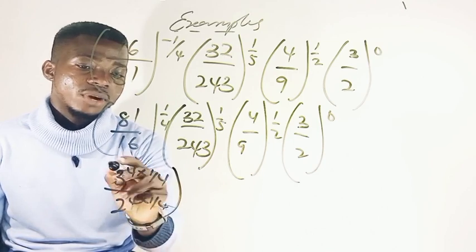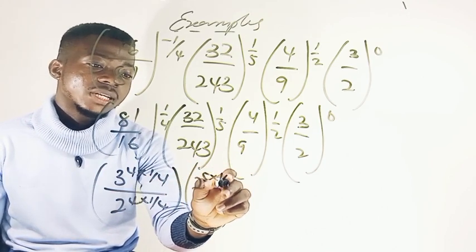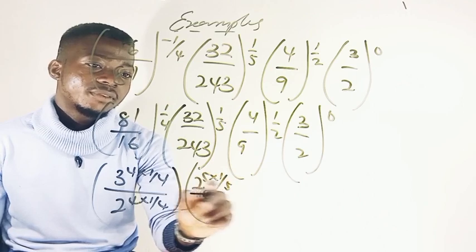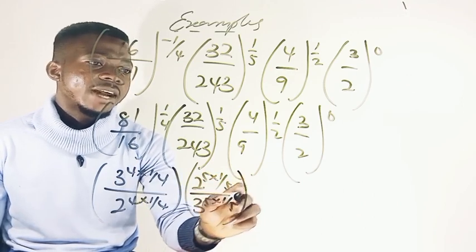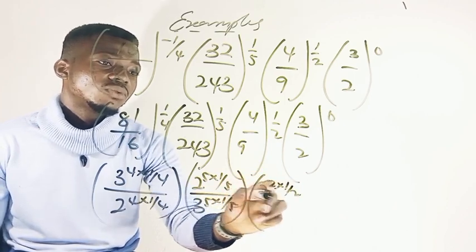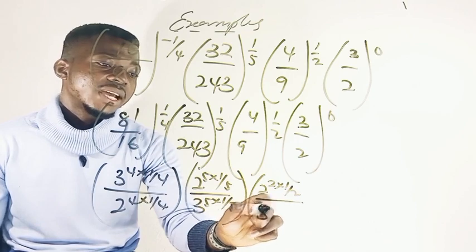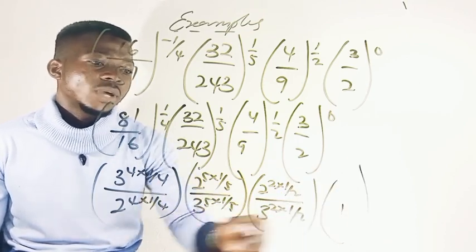Then in a bracket, this place is 2 exponent 5 times 1 over 5. And this is 3 exponent 5 times 1 over 5. This is 2 exponent 2 times 1 over 2. This is 3 exponent 2 times 1 over 2. This whole thing is 1.